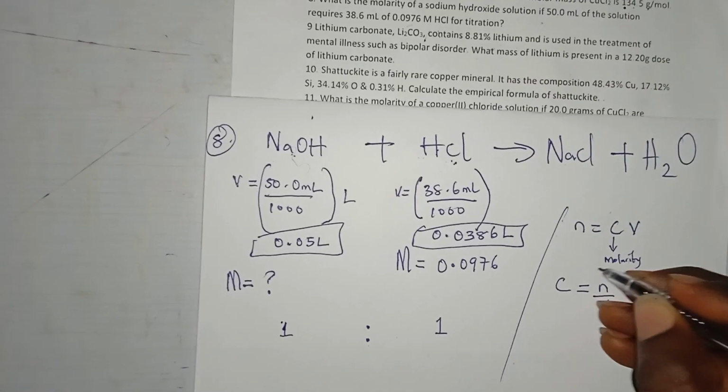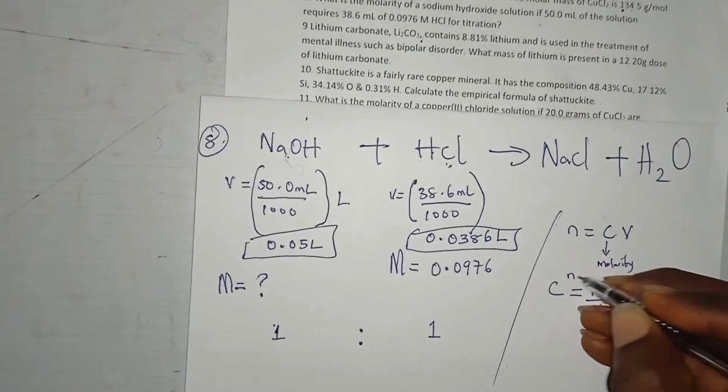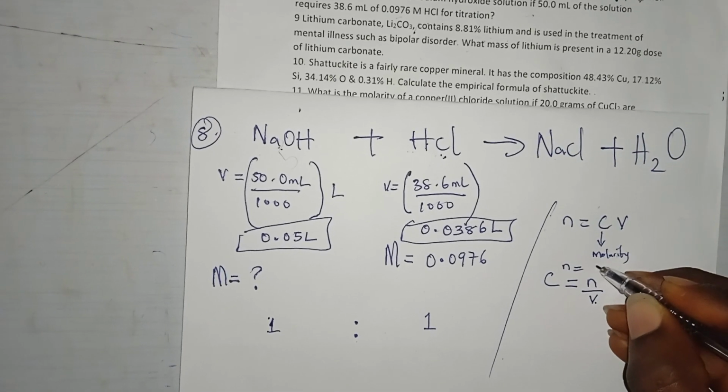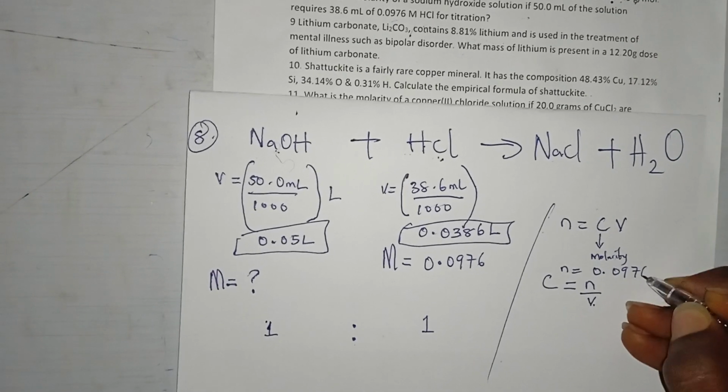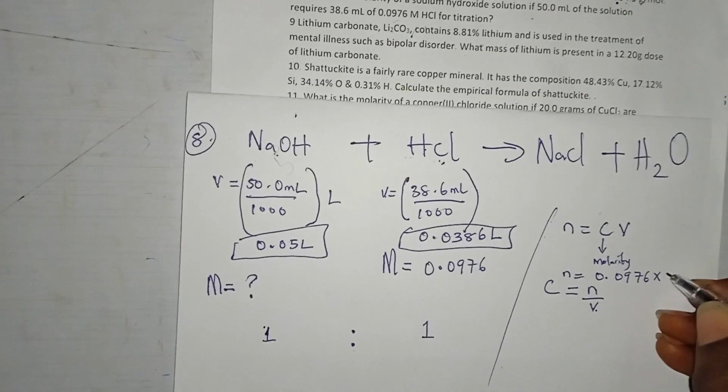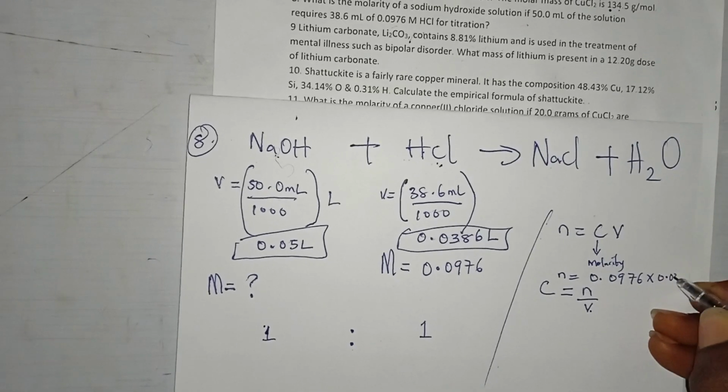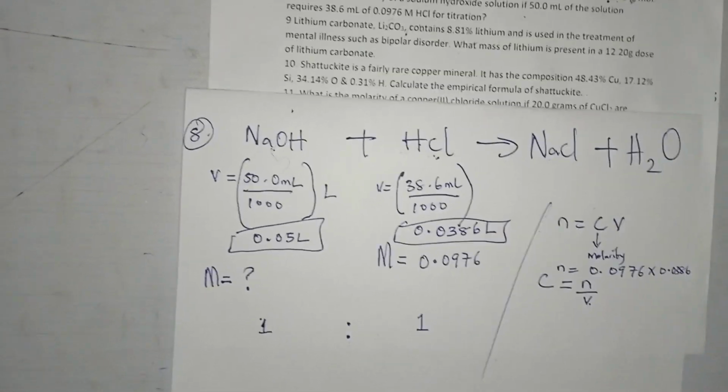So making this the subject of the formula, we now have N equals 0.0976 times 0.0386.